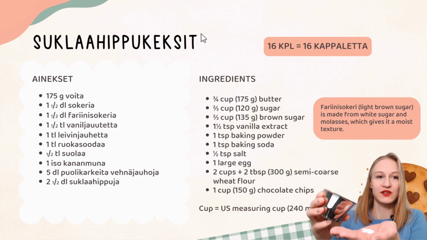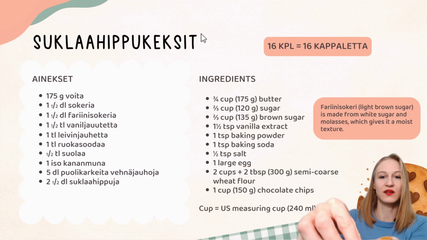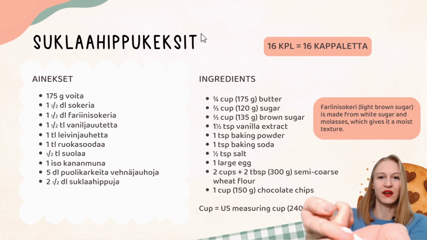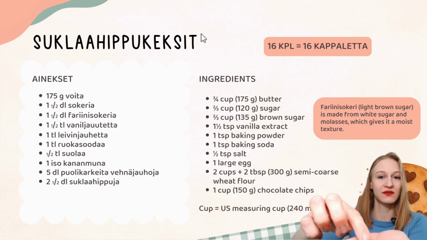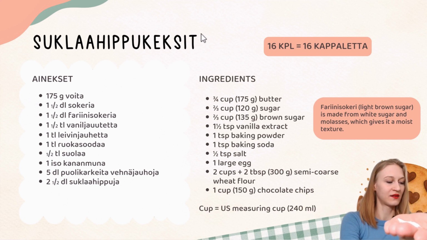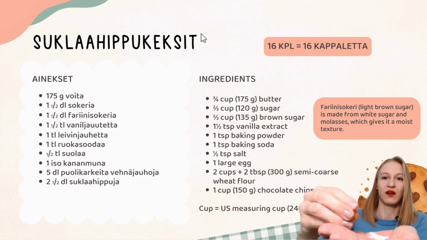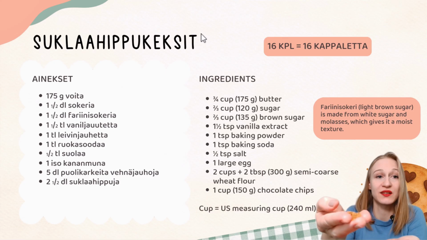And as a comparison, here we have normal white sugar. You can see that all of the grains of the sugar are pretty separate. They are not sticky. But if we compare this one, you can mold it even a bit, as if it was some sort of paste.